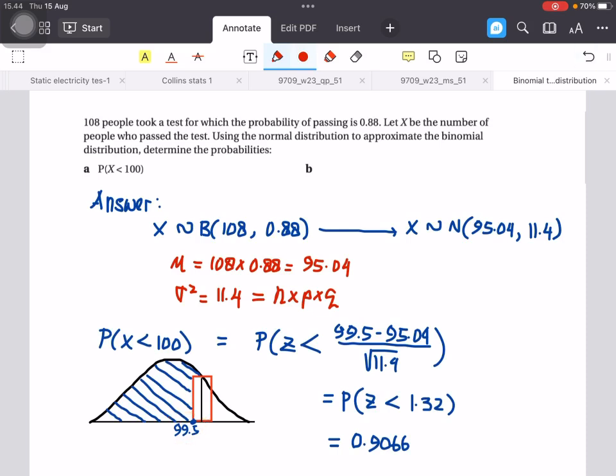We subtract 0.5 from 100. So the value of z will be 99.5 minus 95.04 divided by the square root of 11.4. The answer is probability z less than 1.32, and from the table we can find that the probability is 0.9066.